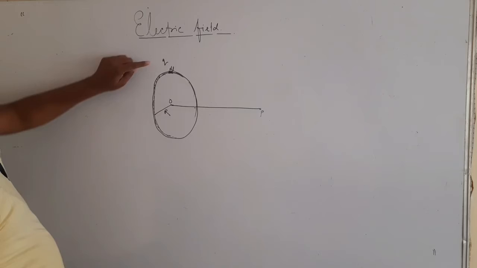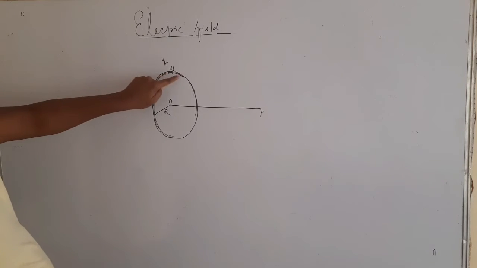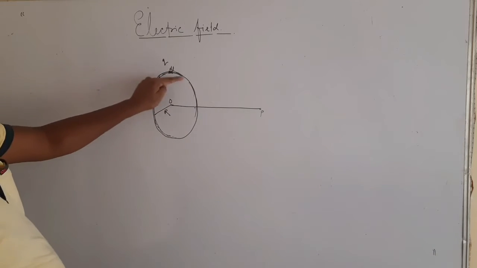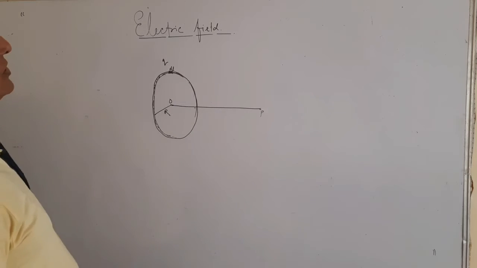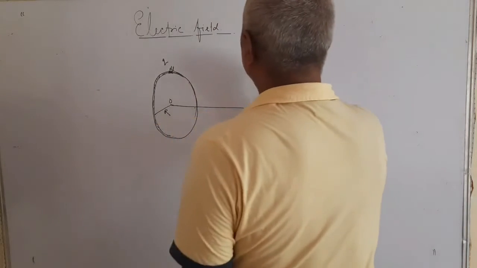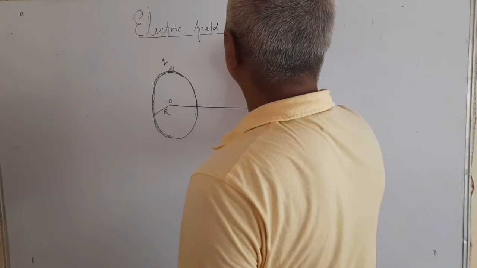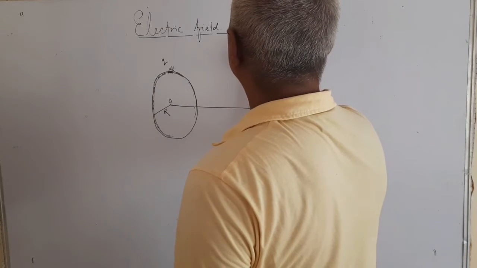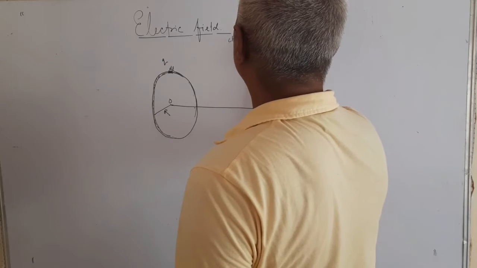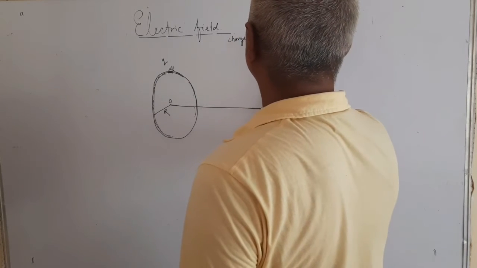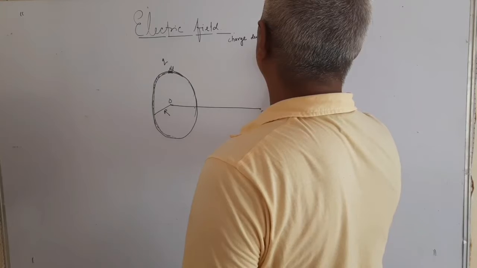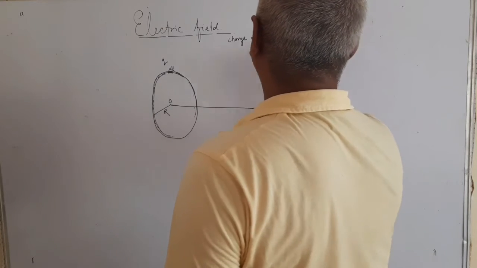Now if this charge q is spread over the circumference of this ring, the charge density, which is kind of a linear charge density, is q over 2 pi r.